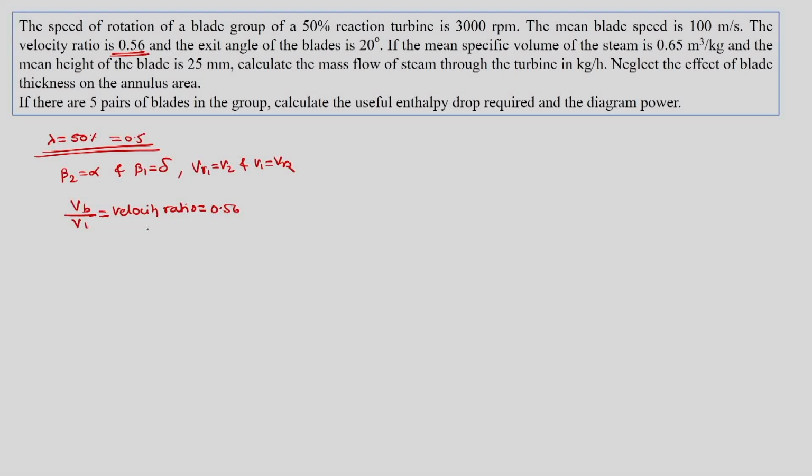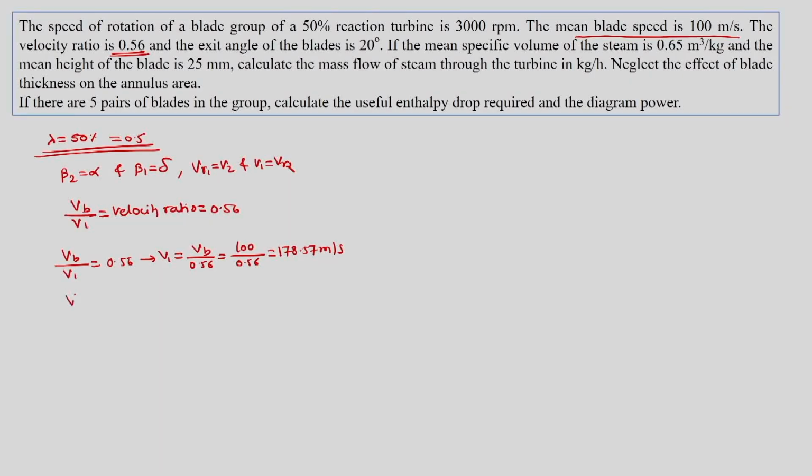Let us solve this example. We can make use of the fact that we are told the mean blade speed is 100 meter per second. So VB upon V1 is equal to 0.56. So V1 is equal to VB upon 0.56, which is 100 divided by 0.56, which is 178.57 meters per second.